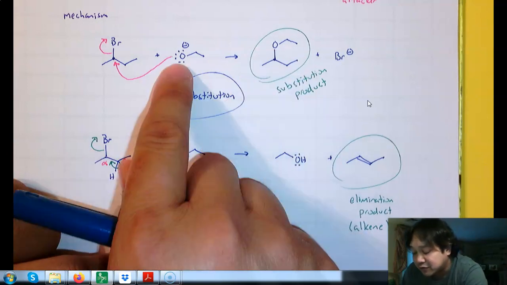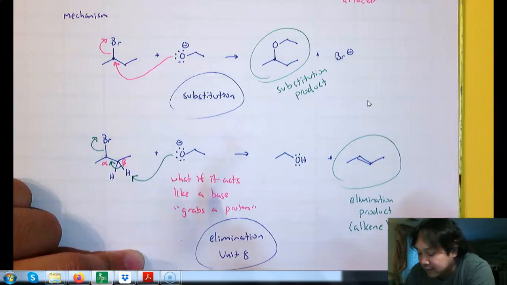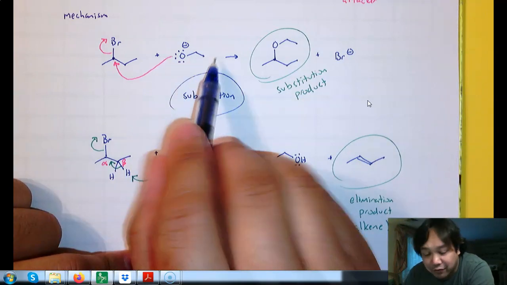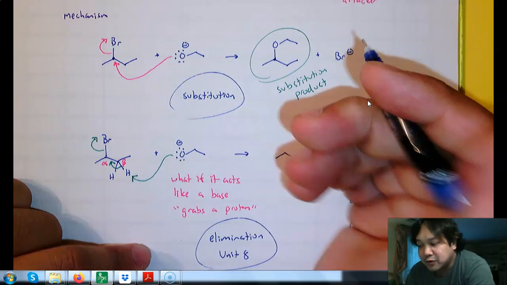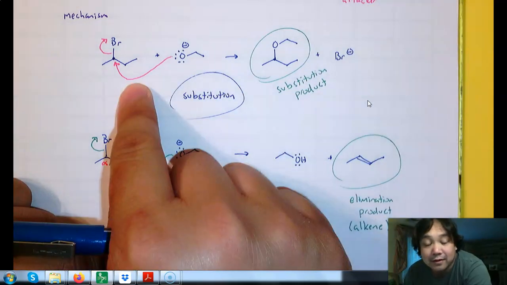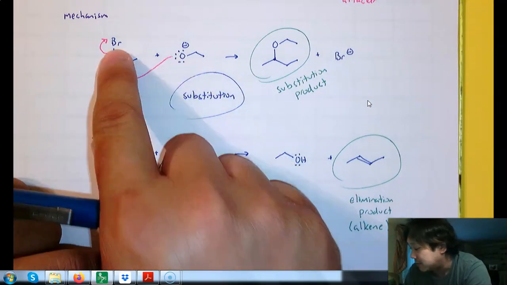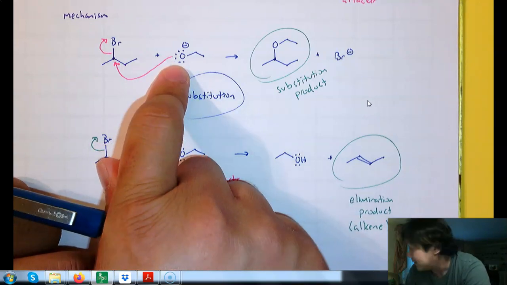I could have used a nitrogen anion. I could have used a sulfur anion. I could have used, instead of an alpha group, a methyl group. I could have used an isopropyl group. The thing is, you shouldn't let that overwhelm you because it's doing essentially the same thing. You're essentially just replacing the bromine with whatever you are using as a nucleophile.